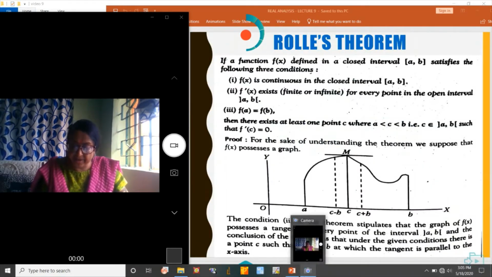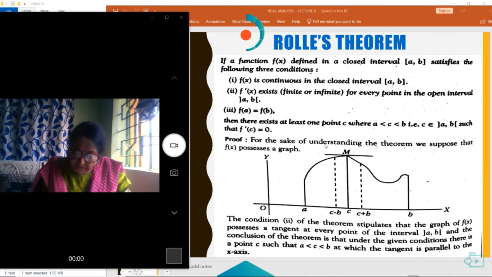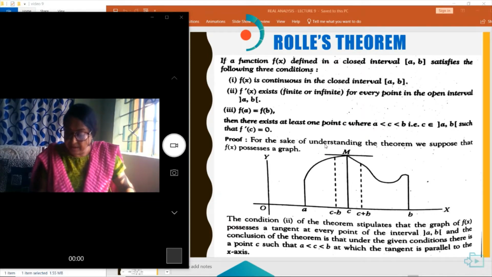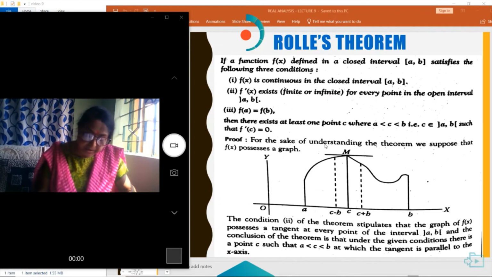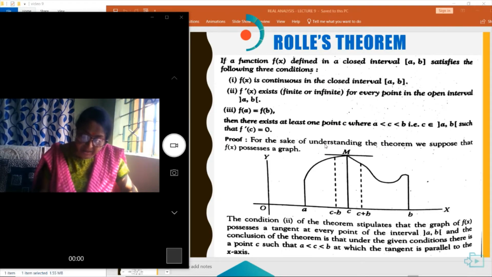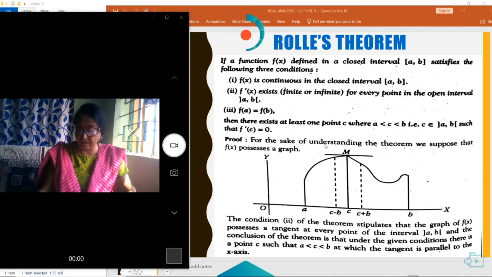If a function f(x) defined on a closed interval [a,b] satisfies the following three conditions: number one, f(x) is continuous in the closed interval [a,b]; number two, f'(x) exists, finite or infinite, for every point in the open interval (a,b); and number three, f(a) is equal to f(b), then there exists at least one point c, where c lies in the open interval (a,b), such that f'(c) is equal to 0.